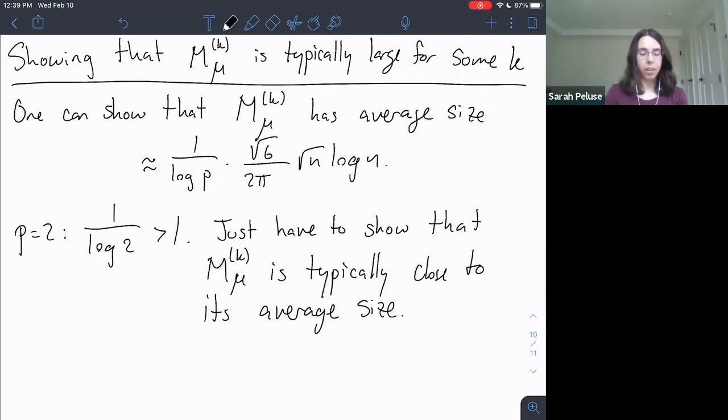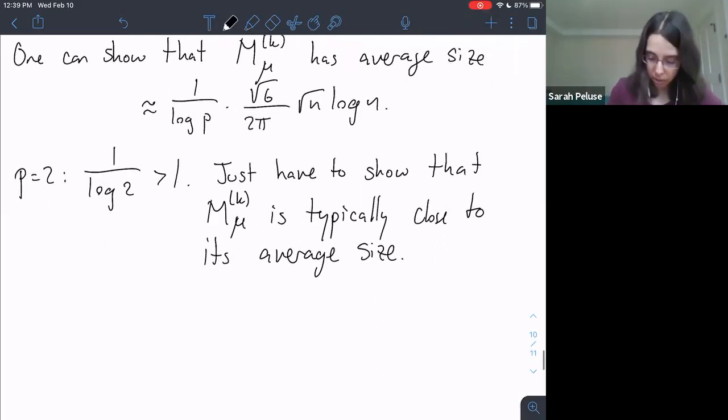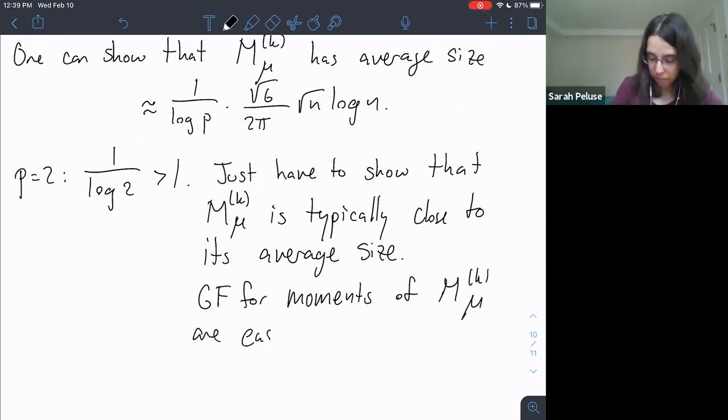And this turns out to be really not that hard. The generating functions for the moments are easy to write down, and also nice.